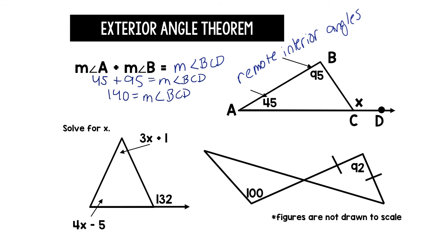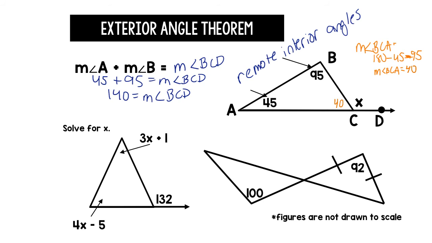To find the measure of angle BCA, we would take 180 minus 45 minus 95. So the measure of angle BCA would be 40.